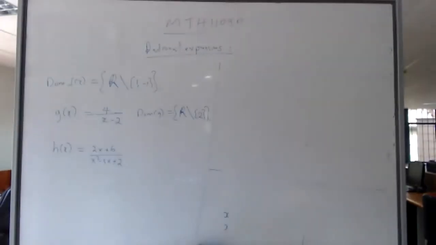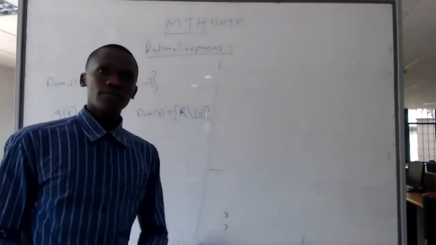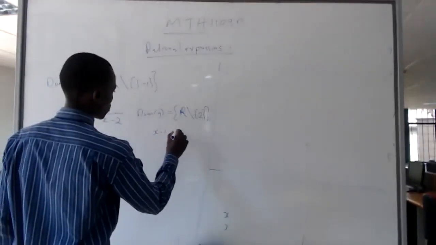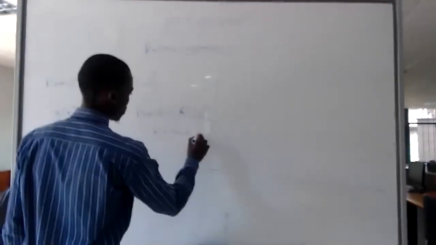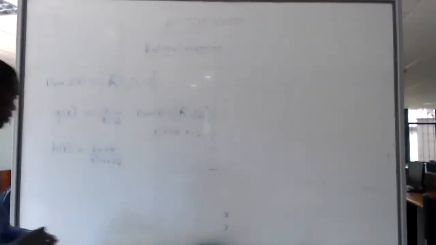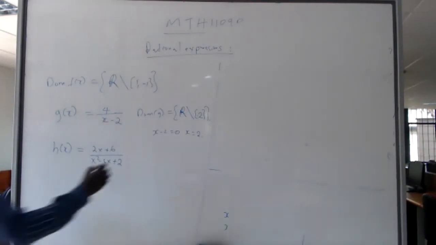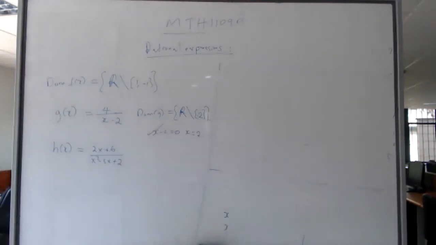Okay. How did you get 2? x minus 2 is equal to 0, therefore x is 2. Great. How about the second part?